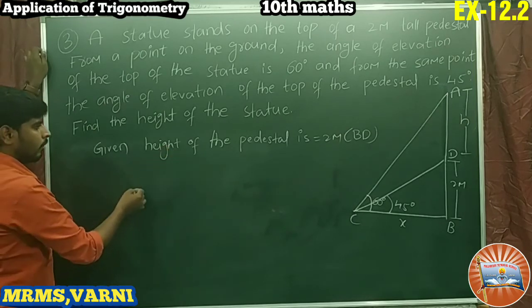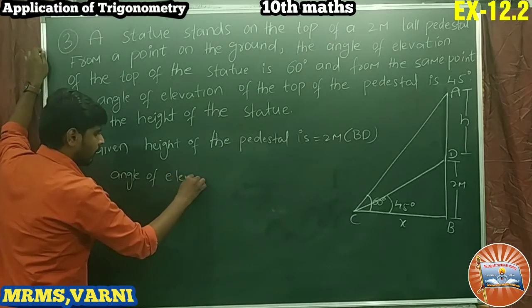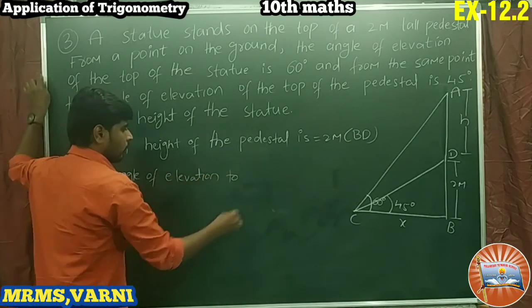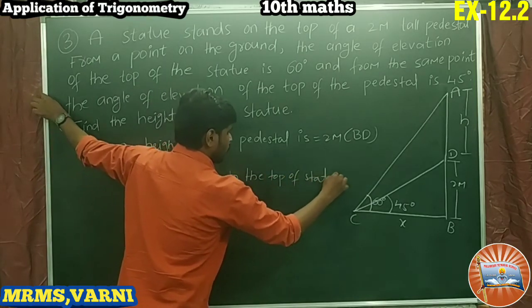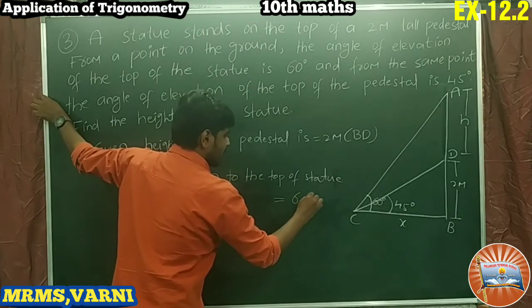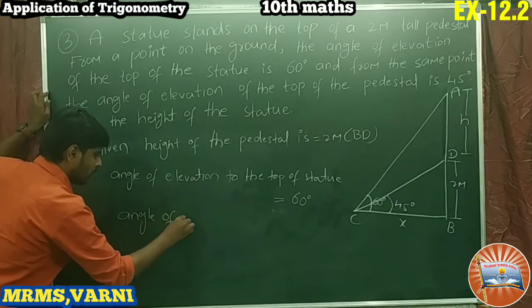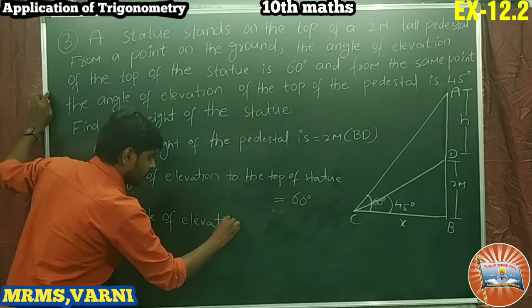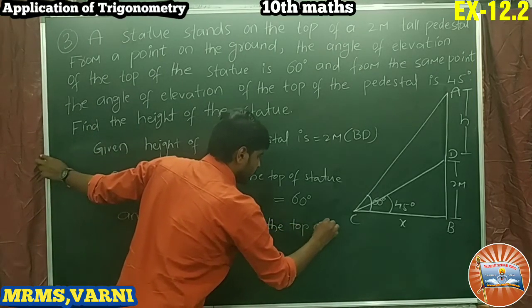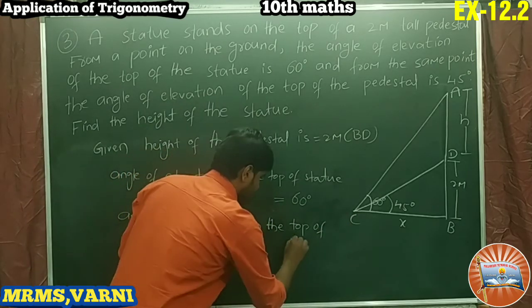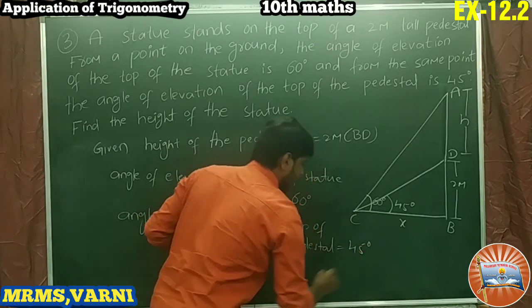Angle of elevation to the top of the statue is 60 degrees, and angle of elevation to the top of the pedestal is 45 degrees.